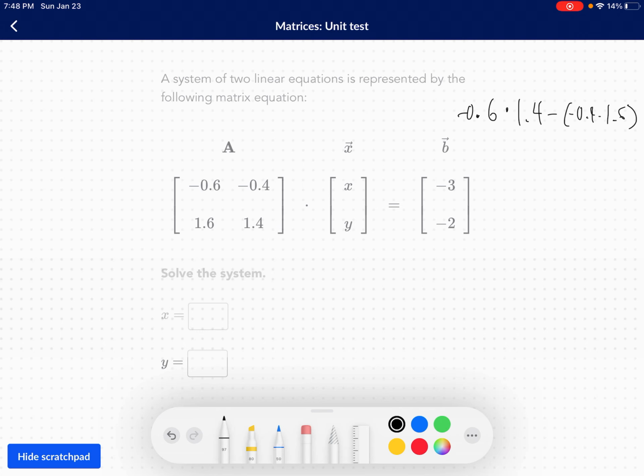I'm going to grab my calculator here. Negative 0.6 times 1.4 minus negative 0.4 times 1.6, and you get negative 0.2.